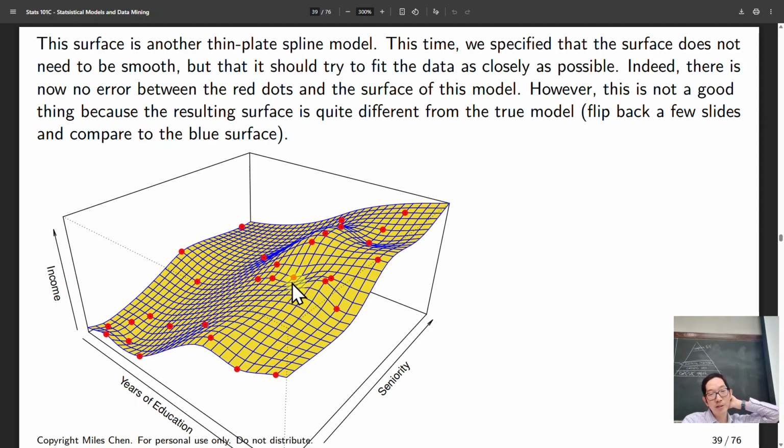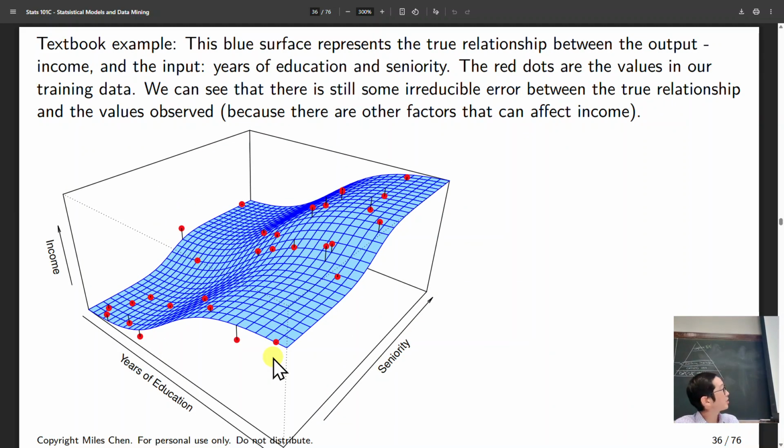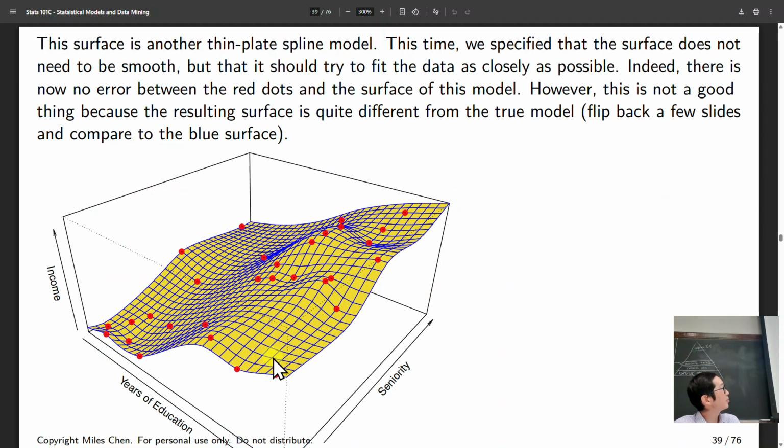And so you have very little residuals, right? Every single red dot here is directly on the surface of this sheet, okay? But how well does this rubber sheet model the original relationship? Okay, now it's not doing as good of a job because we have overfit our data, right? So this is the drawback of having a model that's too flexible.